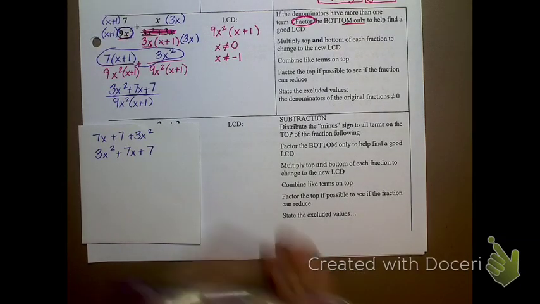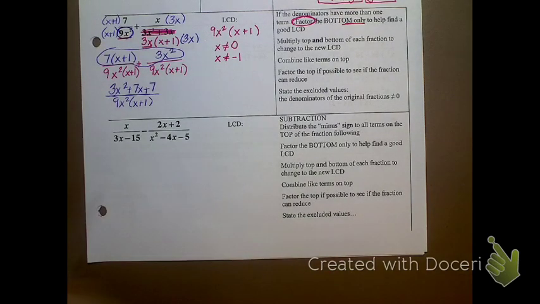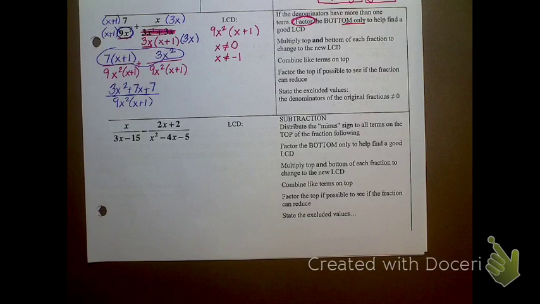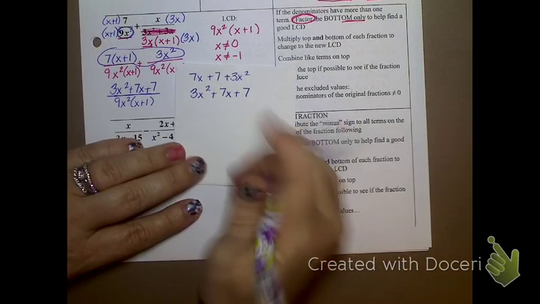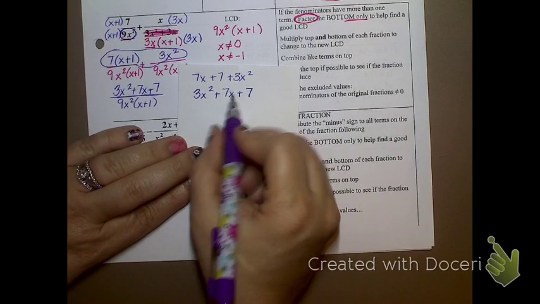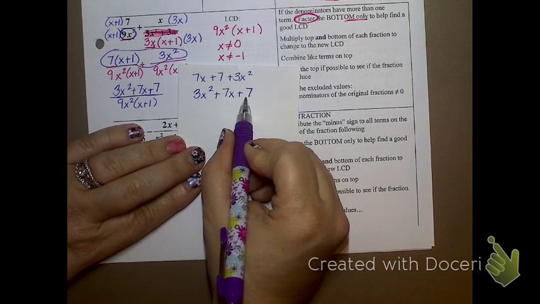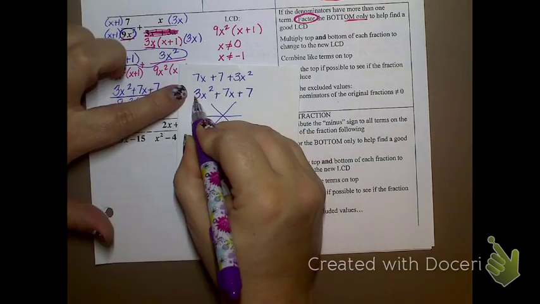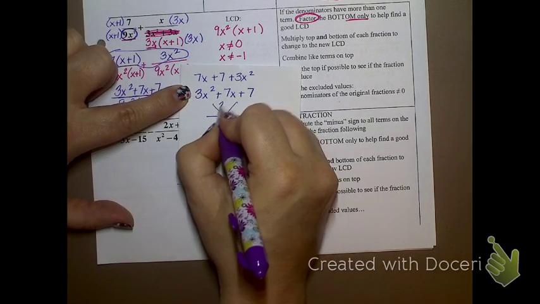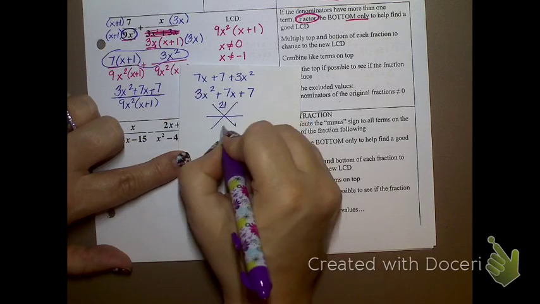You okay with that as my answer? There's one thing I have to check before I can be done, though. If I can factor that top, I might be able to cancel something. So looking at the top again, that's the 3x squared plus 7x plus 7. Do they have anything in common I can take out? No. Can I snowflake it? 3 times 7 would be 21, and then 7.